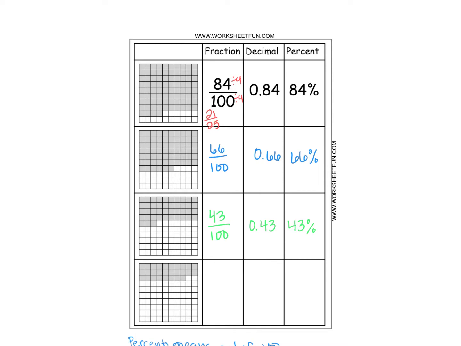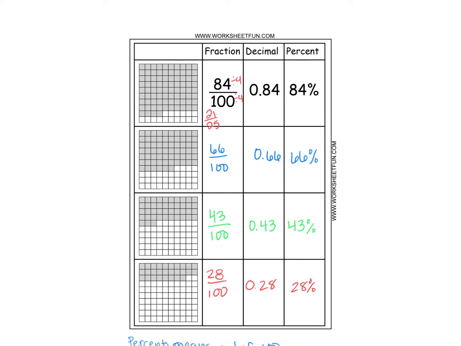The next one, how much is shaded? 28 out of 100. So that means 28 hundredths is shaded. So 28% is shaded. What I want you to realize from this is that 84 hundredths and 84% are all the same amount.